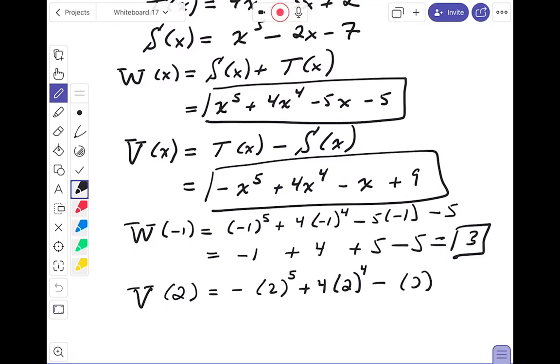Minus, parenthesize the variable. Again, the variable has a value of 2. Plus 9. So if we can do that, this would be minus 32. Next one would be 4 times 16, which is plus 64. Minus 2 plus 9. And let's just do that arithmetic. Minus 32 and 64 is 32. And minus 2 and 9 is 7. And 32 and 7 is 39.